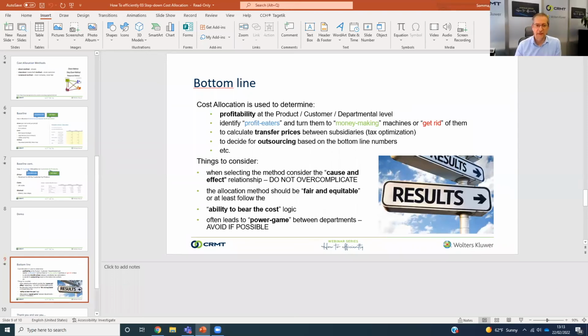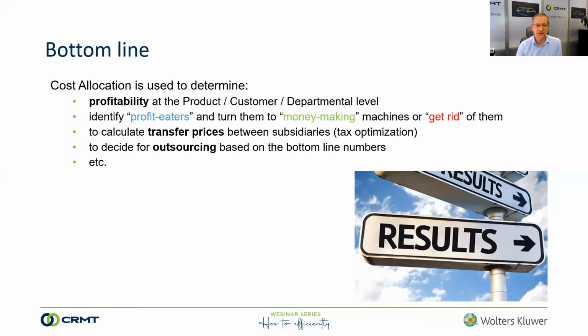So, the bottom line of cost allocation is that it is used primarily for calculating profitability at the cost object level. We can have it at a product, department, or customer level. With profitability, we identify so-called profit eaters, and then we either turn them into money-making machines or we simply get rid of them.